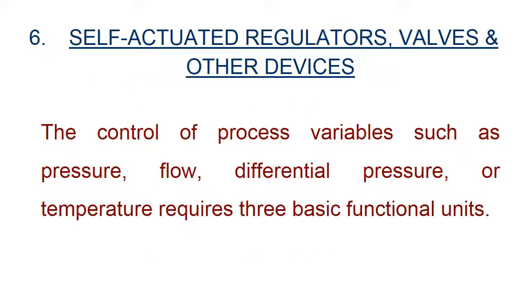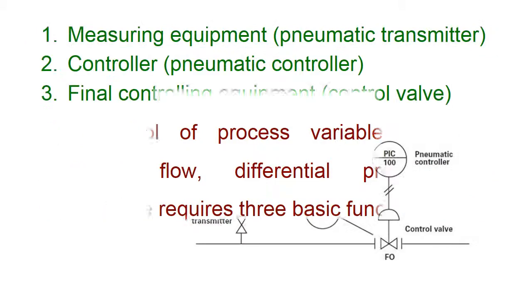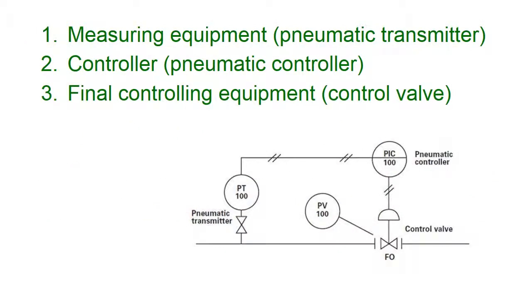The control of process variables such as pressure, flow, differential pressure, or temperature requires three basic functional units. One, measuring equipment, pneumatic transmitter. Two, controller, pneumatic controller.